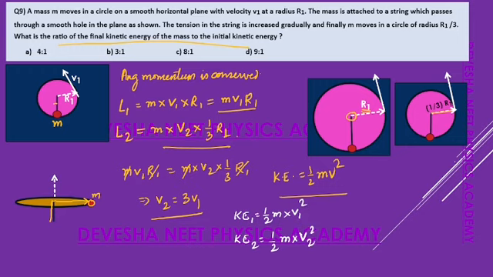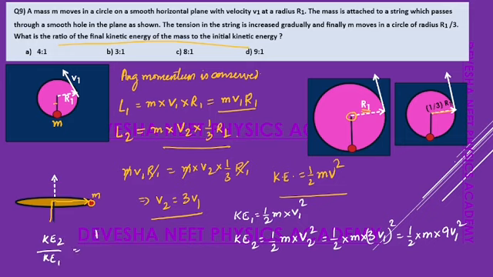We know that v2 is equal to 3 v1, so this becomes half into m into (3 v1) squared, which equals half m into 9 v1 squared. So what is the ratio of K2 by K1? That is what the question expects us to find.